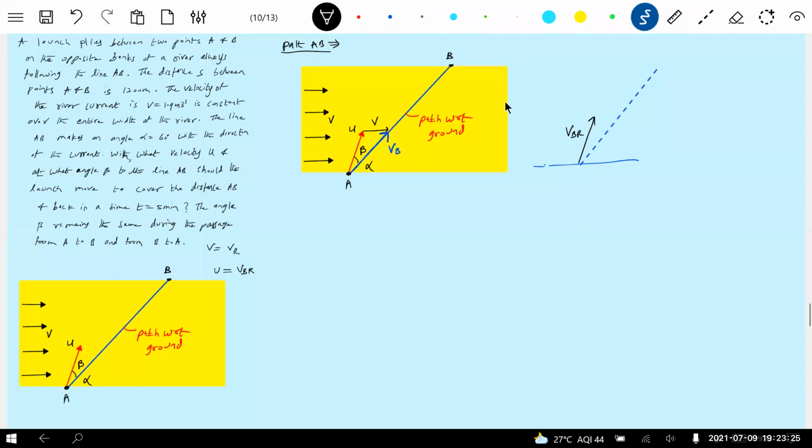The velocity of the river is in this direction, and this was making beta. The river current was making an angle alpha with the path. Then what is the basic condition? The resultant velocity of the boat should be along path AB. So the components of the velocities of the boat with respect to river and the river, perpendicular to the path AB, should be equal.